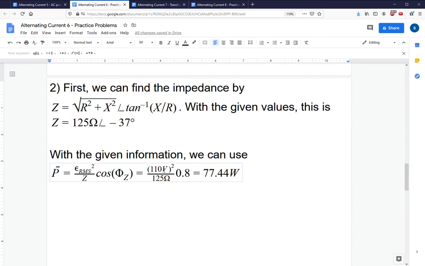E_RMS is 110 volts, Z was 125 ohms, and this power factor, the cosine of theta, is 0.8. And yes, you still have a positive power factor even when theta is negative. Plug all these numbers in and you get an average power of 77.44 watts.